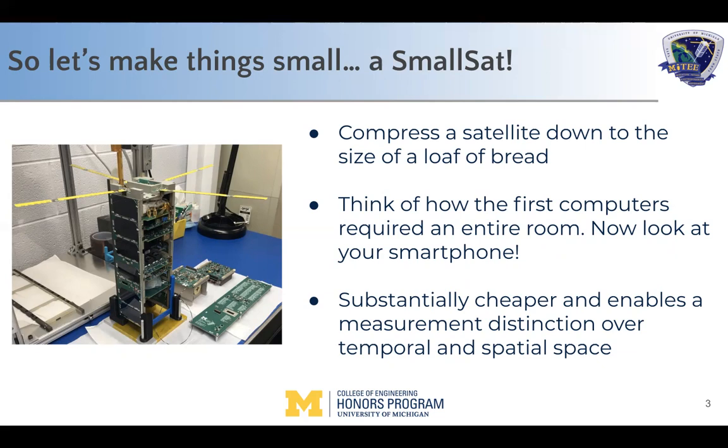And you can have measurement distinction over the temporal and spatial space. What this means is that with a satellite constellation, if there is an interesting phenomenon that we're measuring, we can tell if it was a temporal thing, such as a solar flare that's only happening at one distinct point in time, or something that's happening spatially, such as the South Atlantic Anomaly, where radiation is more likely to damage a spacecraft and which is a point in space above Earth. So a CubeSat constellation is able to make the distinction between these.